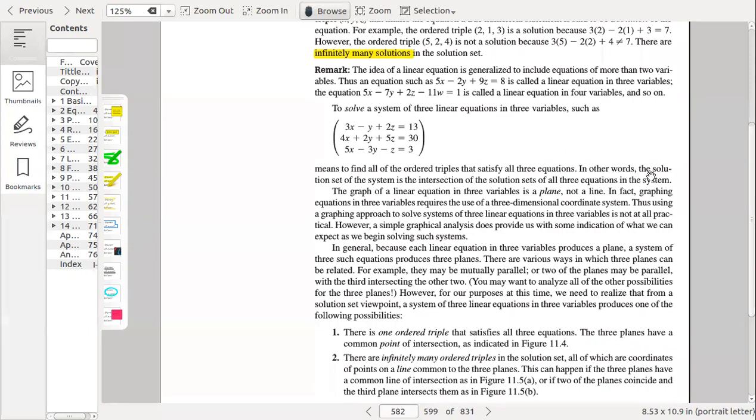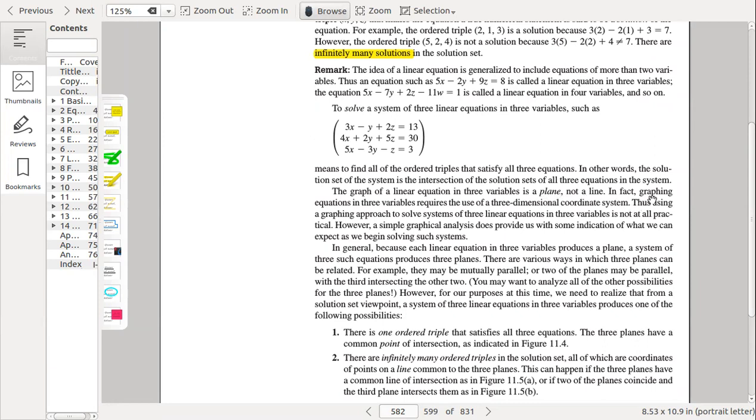In other words, the solution set of the system is the intersection of the solution sets of all three equations in the system. The graph of a linear equation in three variables is a plane, not a line.